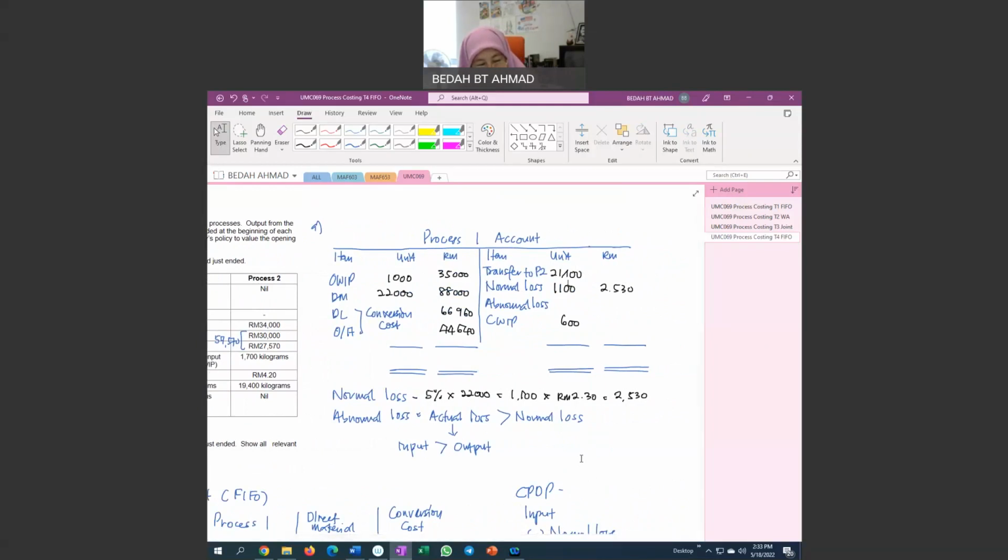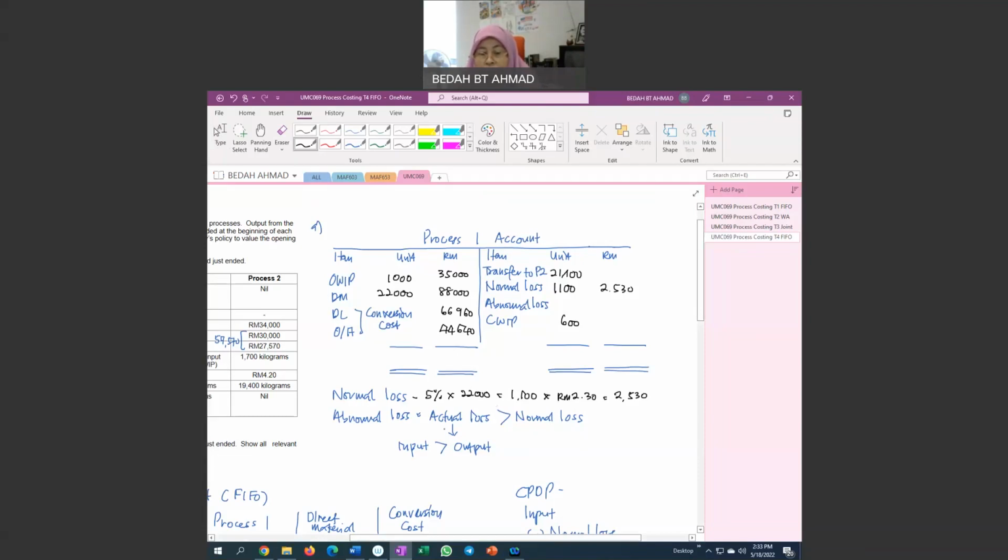So we have to find out how much of this 21,100 is the opening work in progress, and how much is the completed production during the period, or CPDP? Before that, we need to determine whether the business is getting abnormal loss or abnormal gain.